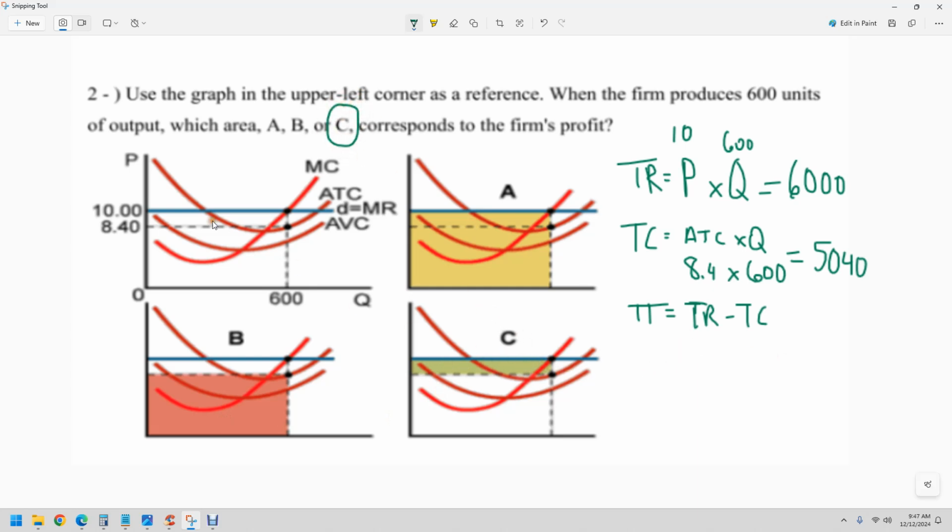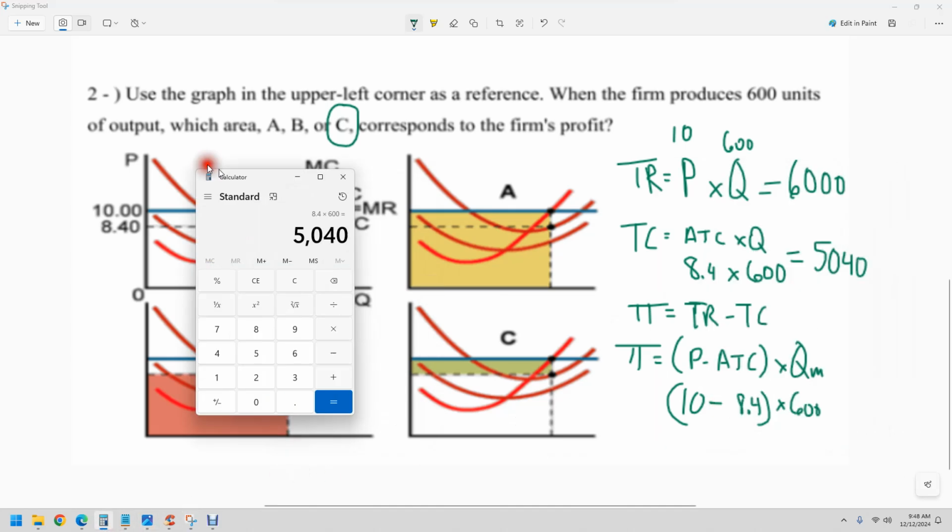Let's solve for that. There's a couple ways you could do it. We know that it's just the difference between these two here. Or we could do it the way we did above, where we take price minus average total cost times our profit maximizing quantity. So this was 600, this was 10, and this is 8.4 lira.